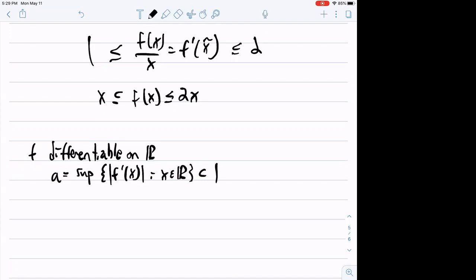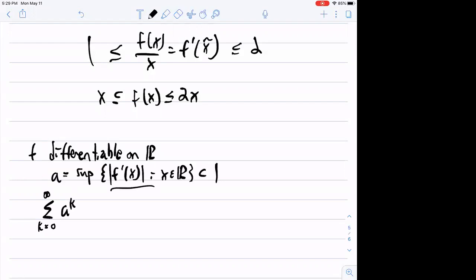So a priori, if this number is less than 1, why do we like numbers less than 1? What can anyone tell me about this? When A is less than 1, and certainly positive, because every term here is positive since I'm taking absolute value, it's some positive number between 0 and 1.